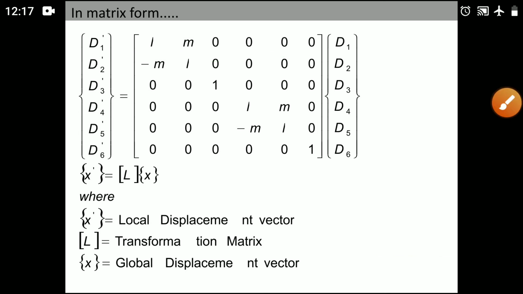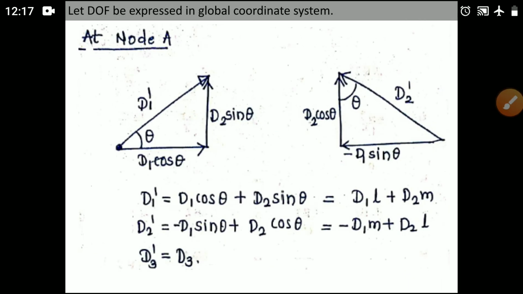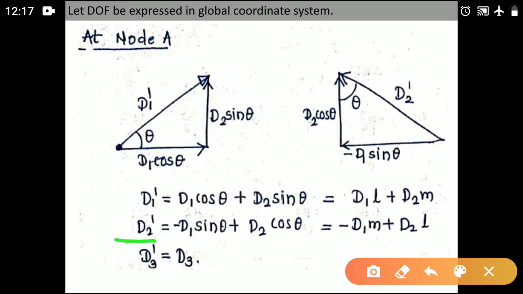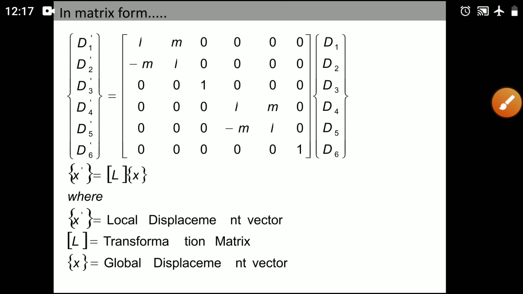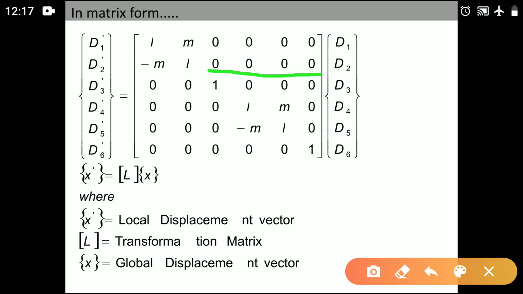Similarly, in the second equation, the d2 dash equation, the d1 coefficient is -M, d2 coefficient is L, plus d3, d4, d5, d6 coefficients are not here. That means those values are not present there. Therefore, write the remaining coefficients as 0, 0, 0, 0.